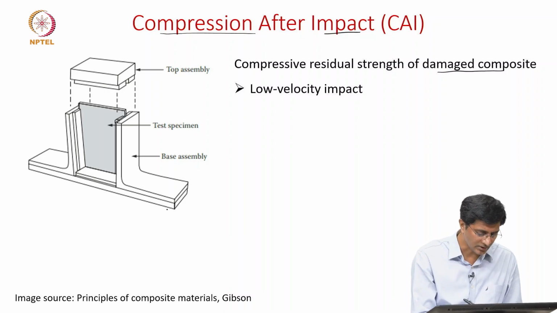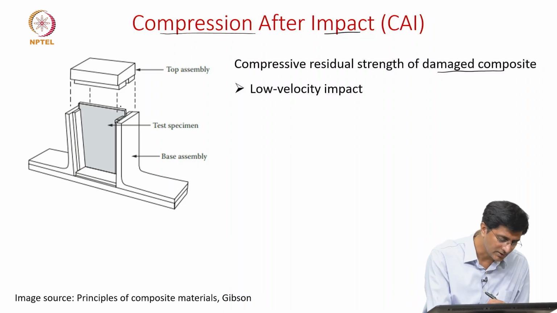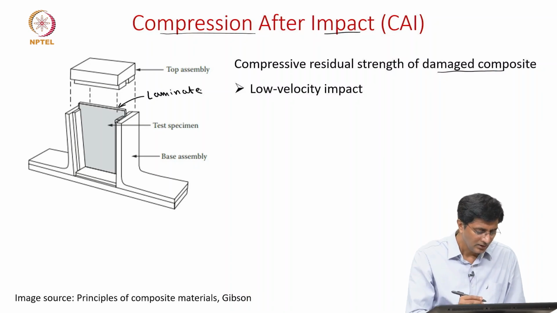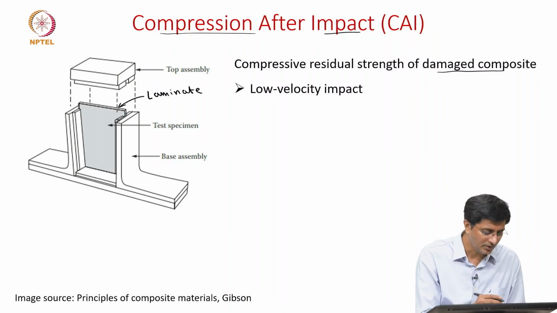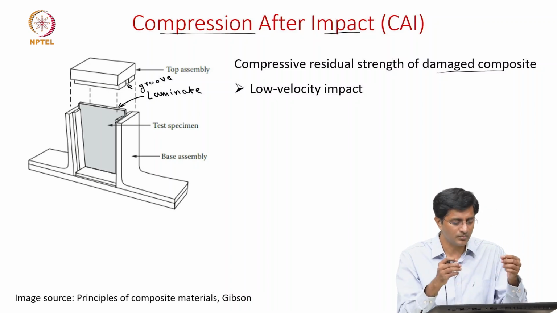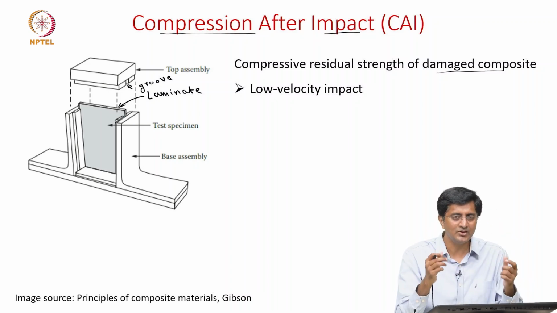So here is the setup where this is the laminate we are testing, and as you can see it is tightly fitting the fixture. There are grooves here. The reason we have a groove is because this panel will sit in those grooves.